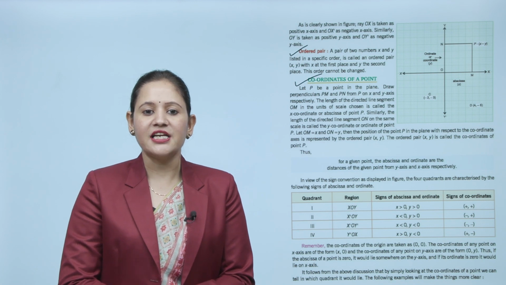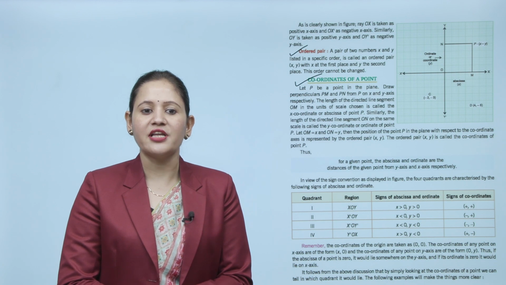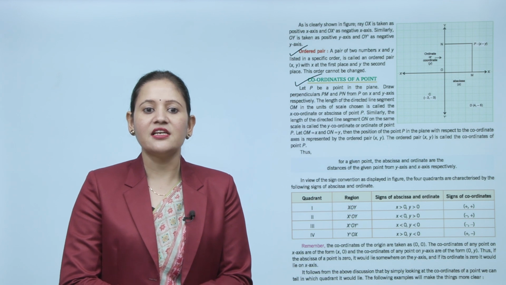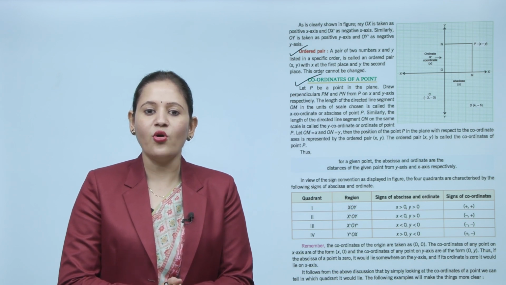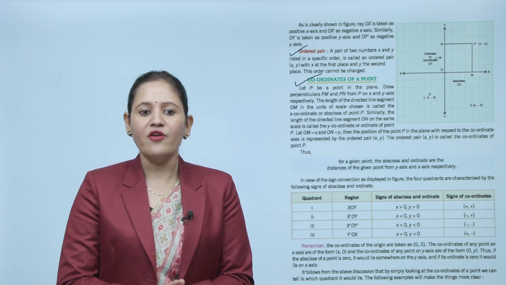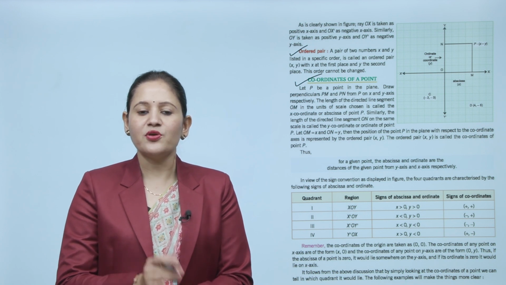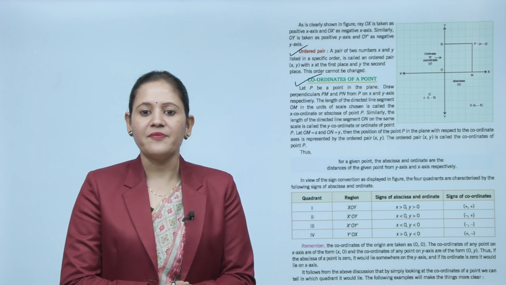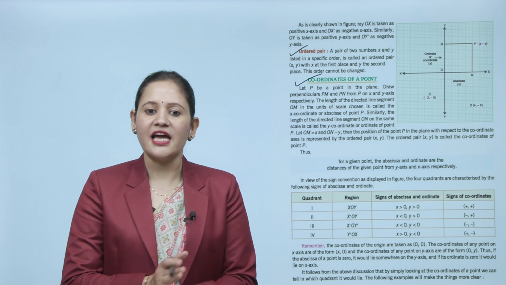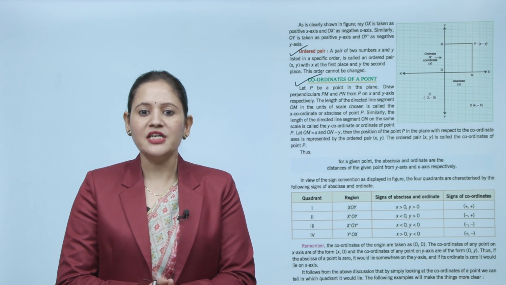The length of the directed line segment OM in the units of the scale chosen is called the x coordinate or abscissa of point P. Similarly, the length of the directed line segment ON on the same scale is called the y coordinate or ordinate of point P. Let OM equal x and ON equal y, then the position of point P on the plane with respect to the coordinate axes is represented by the ordered pair (x, y), and the ordered pair (x, y) is called the coordinates of point P.